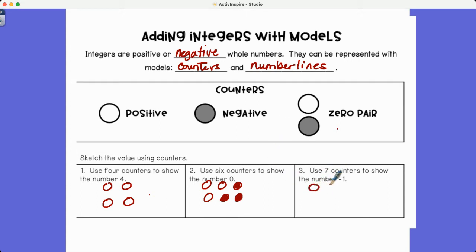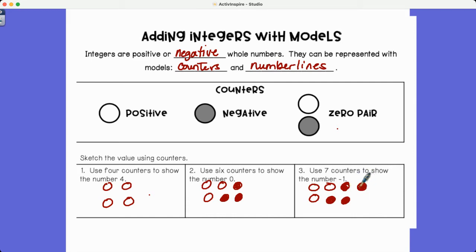So I'm going to use 1, 2, 3 positive counters. I'm going to use 3 negative counters. There's my 0. I need to get to negative 1, so I'm going to use one more negative counter. My positive and negative match, my positive and negative match, my positive negative match, that's a 0.